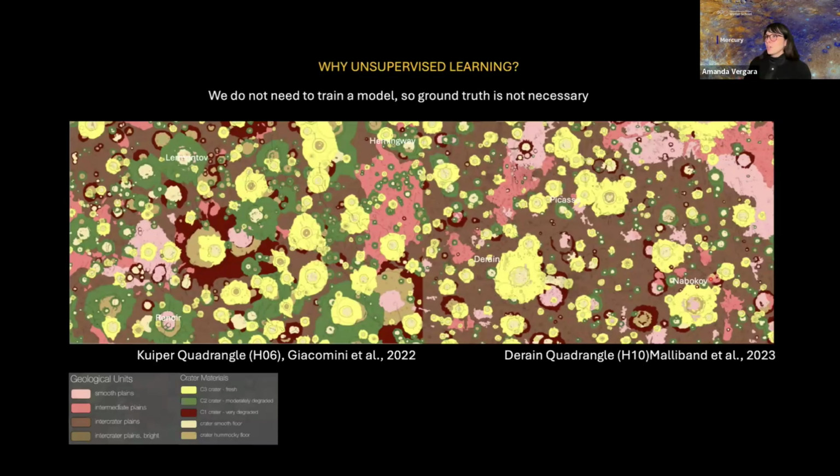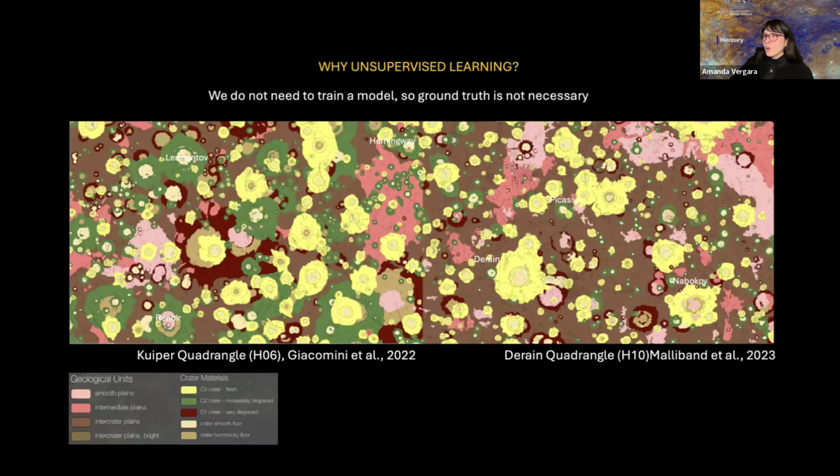This is important because we know that we have certain rules for mapping, but it is always work subjected to the interpretation of the operator. So even on the very same area, we can have two different geological maps if we put two persons to do the same task, because of the different interpretations.